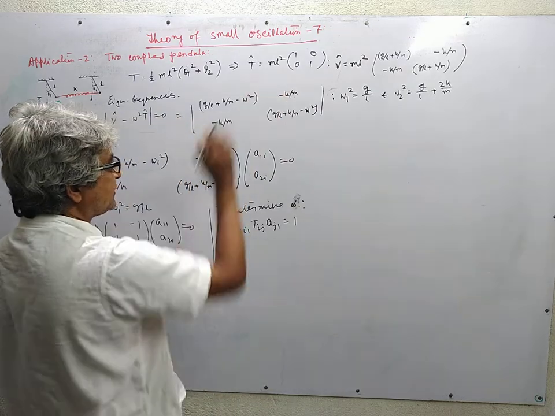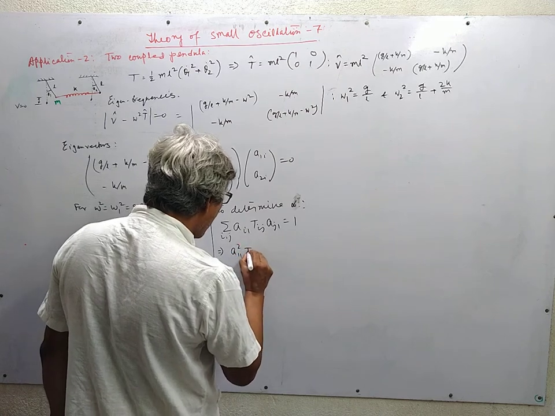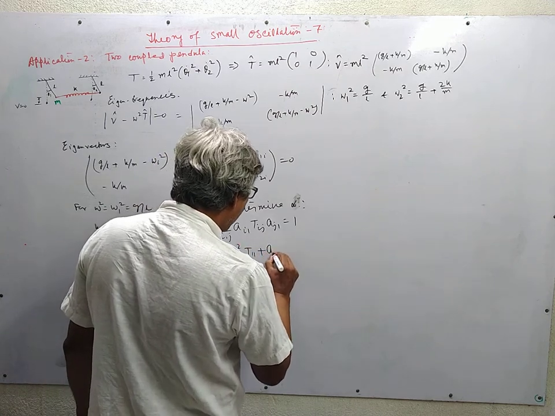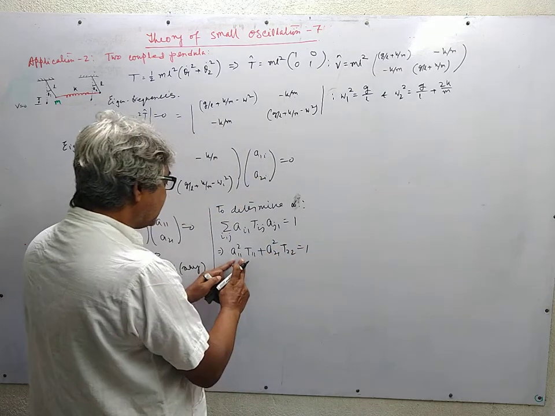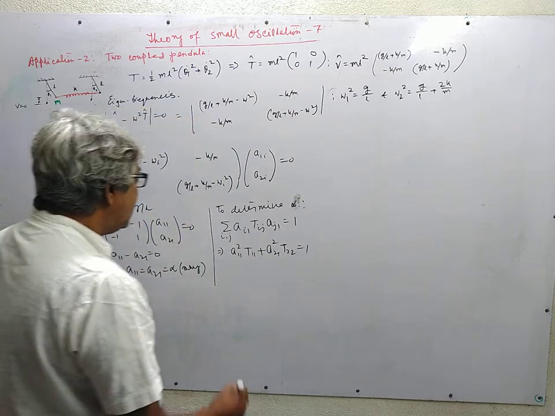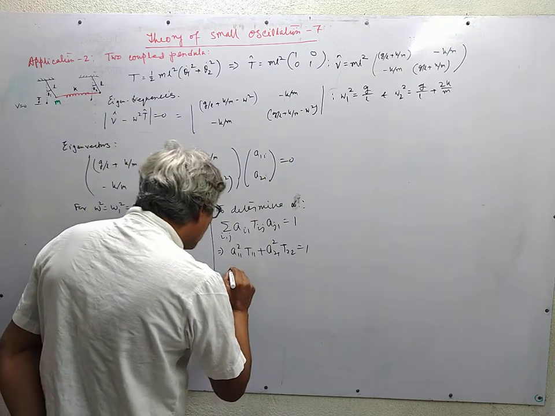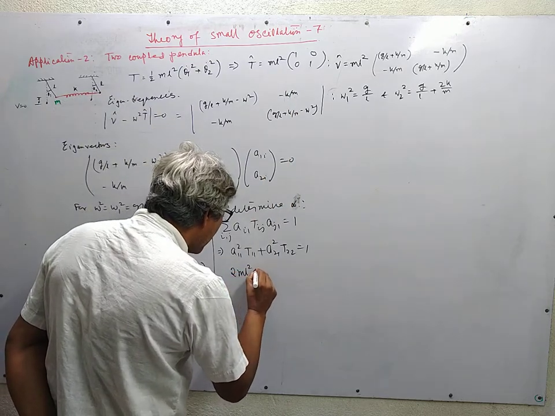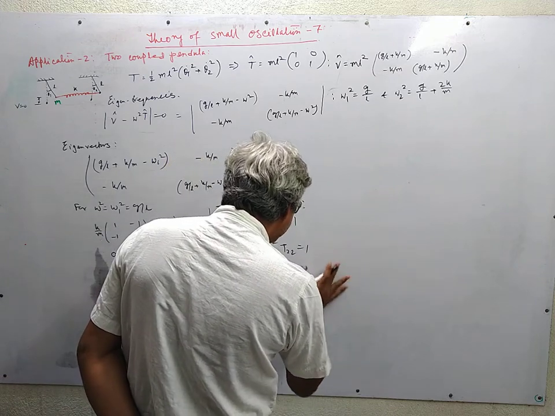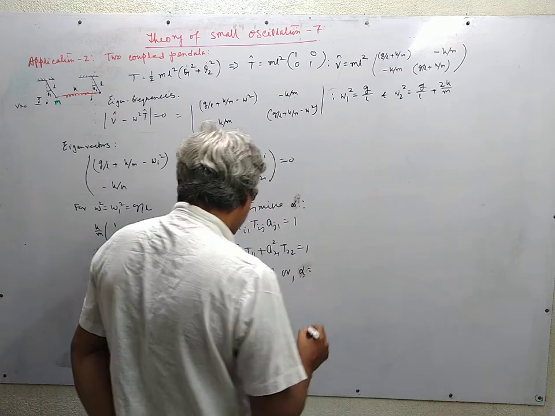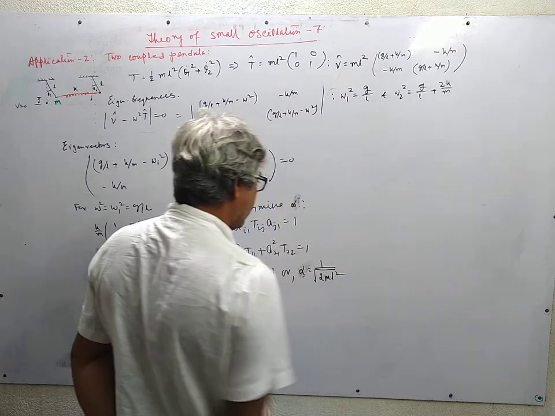Since the T matrix is diagonal, this becomes A11 square T11 plus A21 square T22 is equal to 1. Since this is alpha, this is also alpha, and T11 is simply ml square. So twice ml square alpha square is equal to 1, or alpha is equal to 1 upon square root of 2ml square.